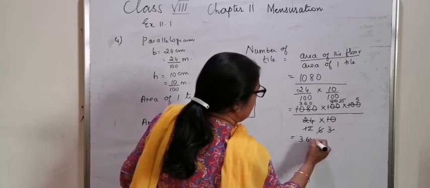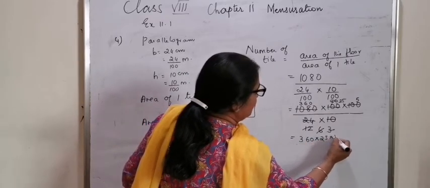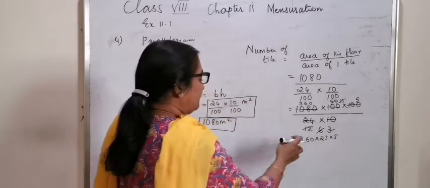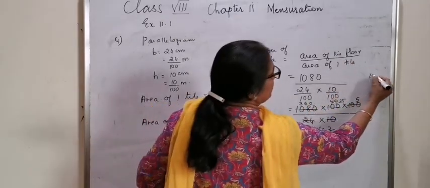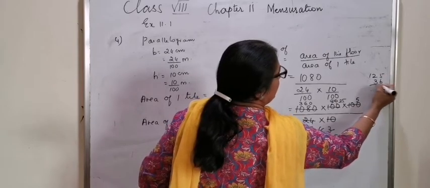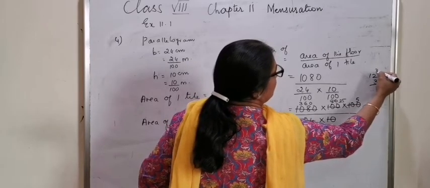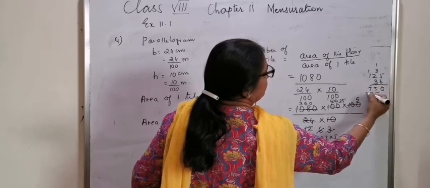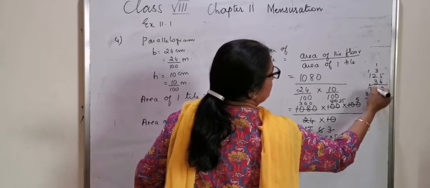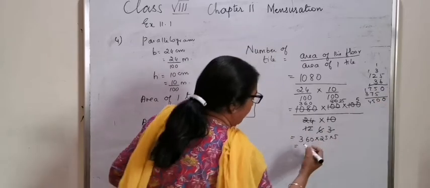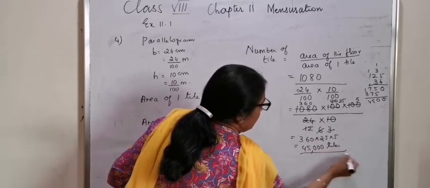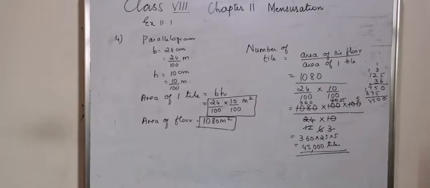So 360 into 25 into 5, 25 into 5 is 125. So 36 into 125, that means 45,000 tiles are required.